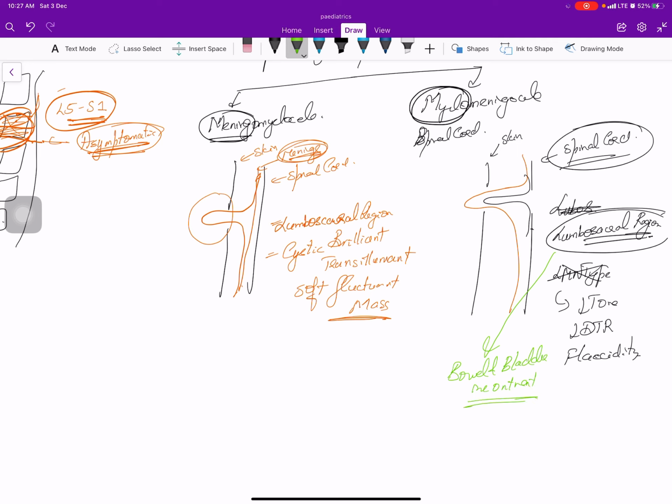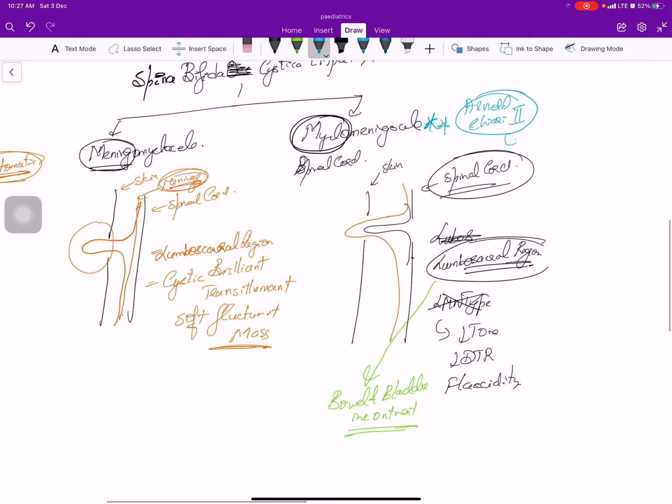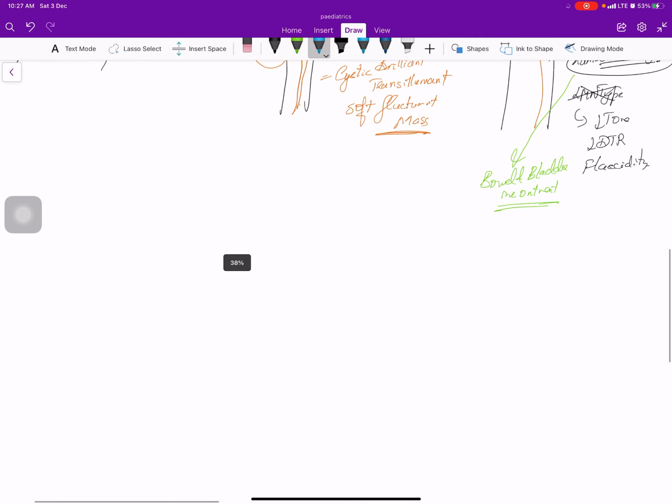Now a very high yield point is that there's something called Arnold-Chiari malformation. In the type 2 malformation, 80% of the people with Arnold-Chiari malformation will be having a myelomeningocele. Okay, so that's it for the defects.